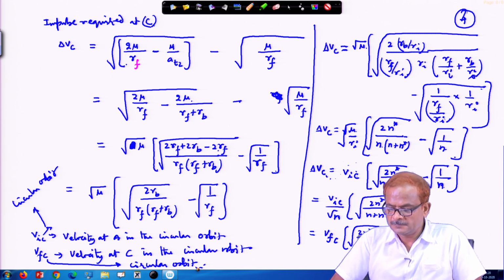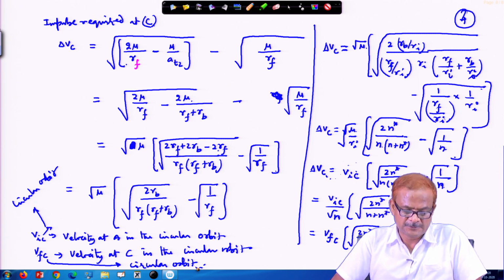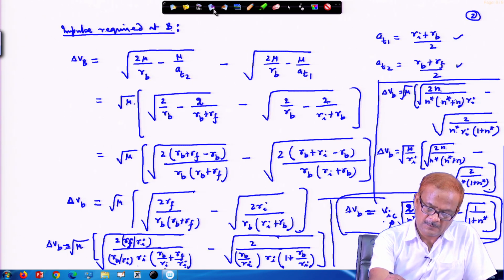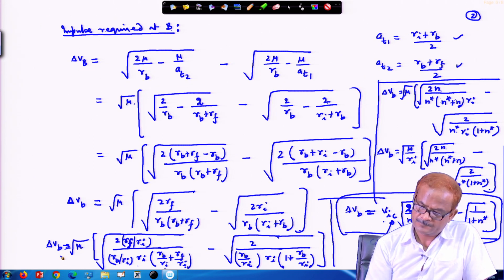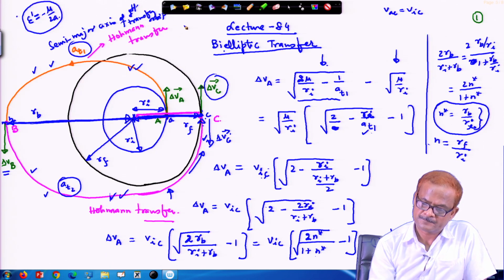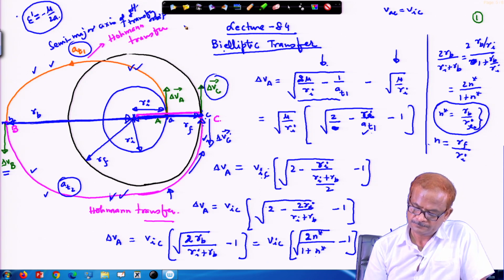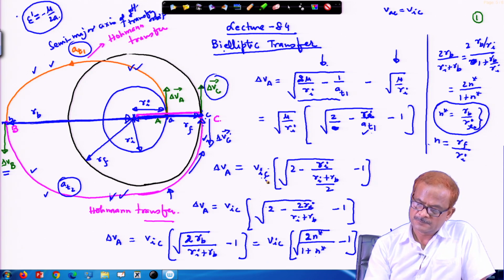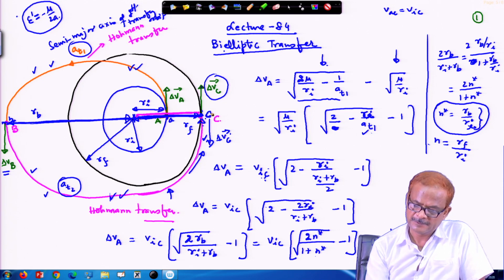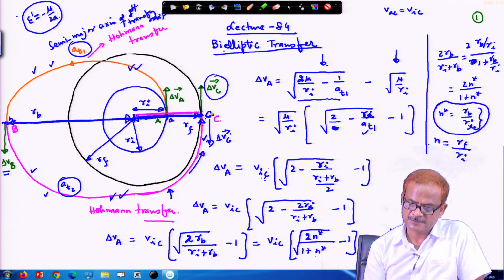Either just indicating V I and V f, and we can delete the C. This is the only way we can do. So, this C either I drop everywhere, then we do not confuse with this point C, or either I rename this point C. These are the two options of doing this.